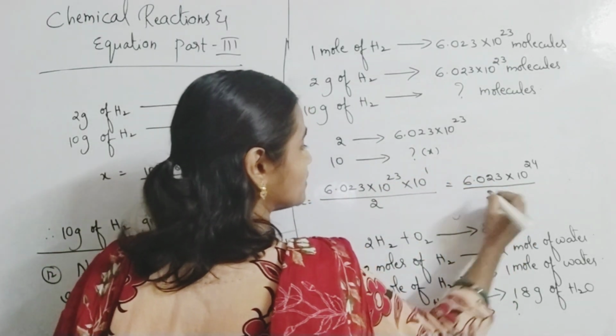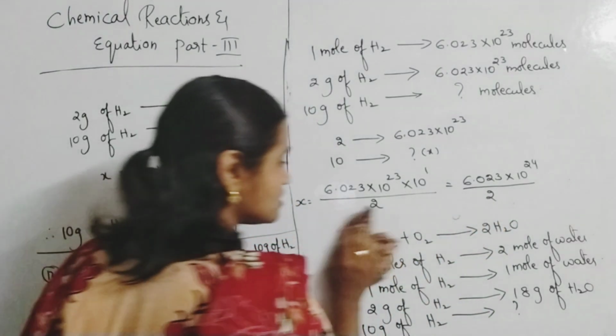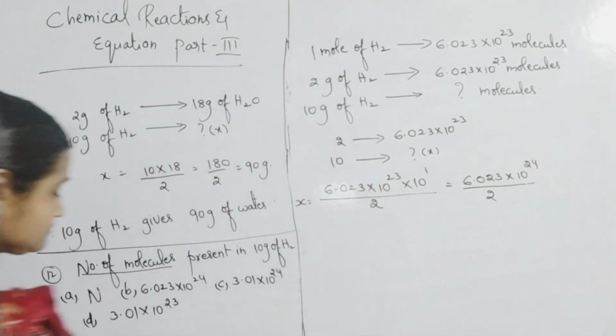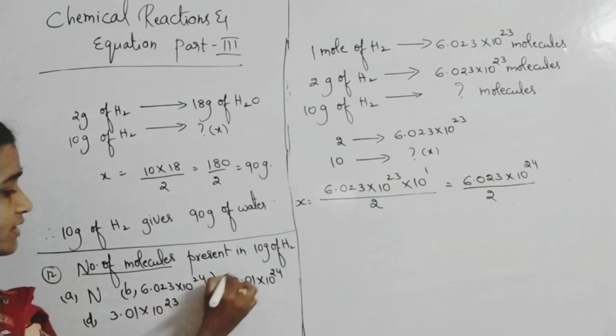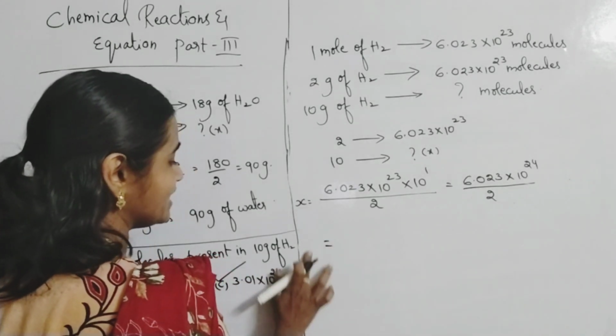6.023 as it is, by 2 as it is. Now 6.023 by 2 is 3.01. So the answer is 3.01 into 10 power 24. Option C will come.